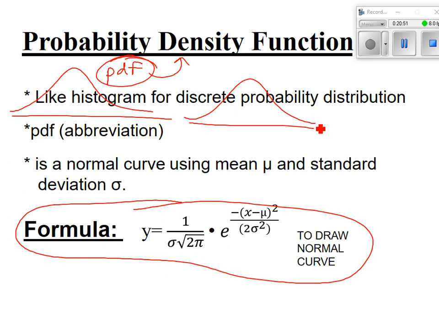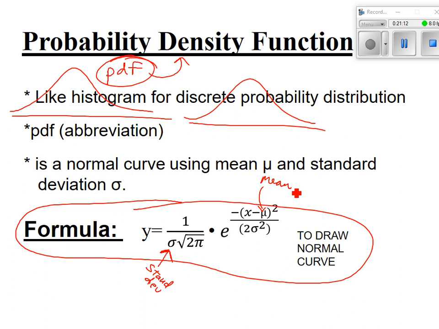Now, if you look at this formula, the only things that change each time are your sigma and your mu. What does sigma stand for again? Standard deviation. And what does mu stand for? The mean of the population.